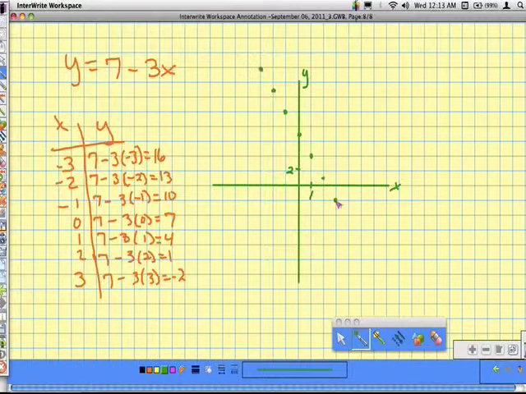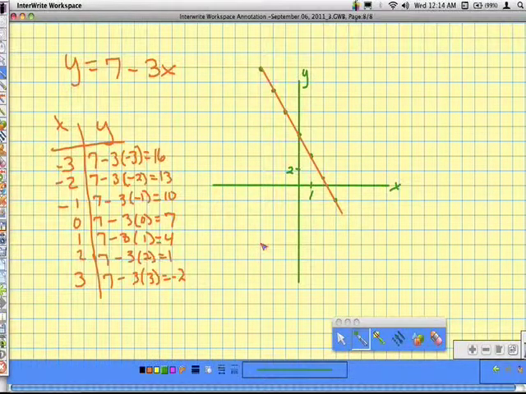We're going to end up being able to connect those points and actually getting a pretty straight line. And again, that's a good thing because if you recognize the form, here's our mx plus b, which means it should get us a straight line, which it did. So again, pretty simple. Plug and solve, get your points. Okay?